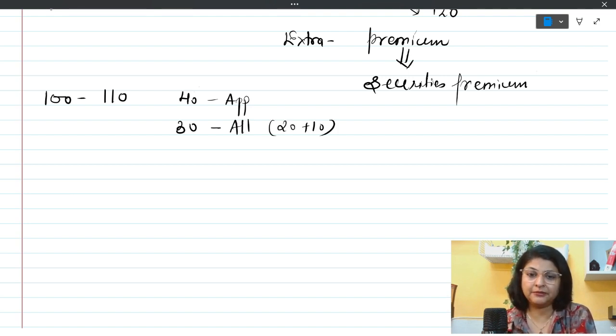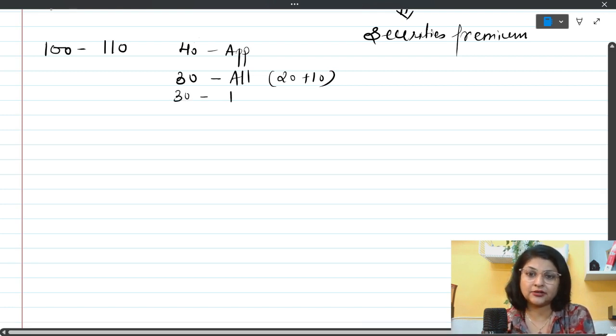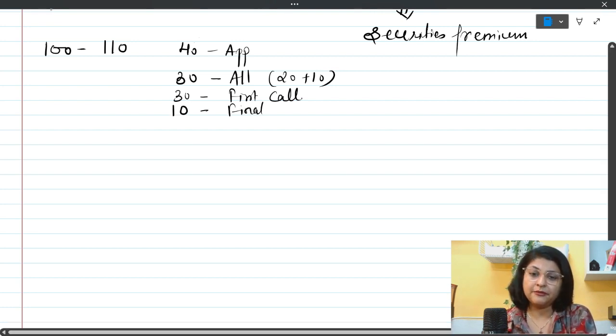What is 20 plus 10? 20 rupees for share capital and 10 rupees premium money is included there. Then another 30 is on first call, and still 10 rupees is left. 40 plus 30 is 70, 70 plus 30 is 100, but still 10 rupees is left, which is on the final call. Why? Because the share is of 110 rupees now.